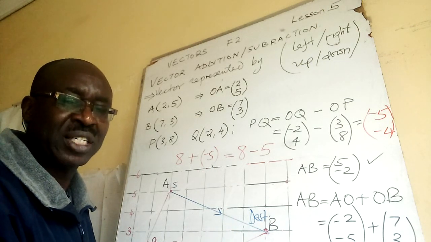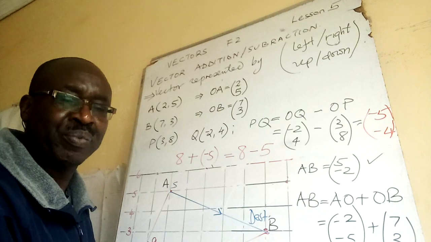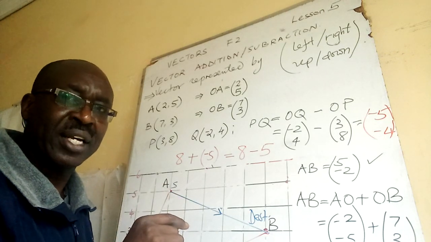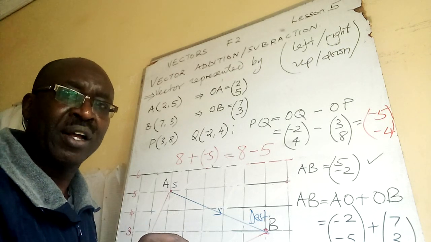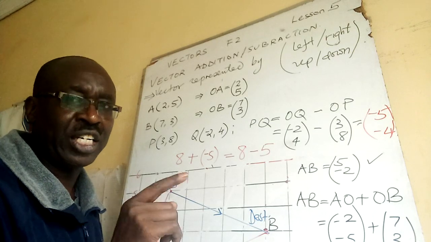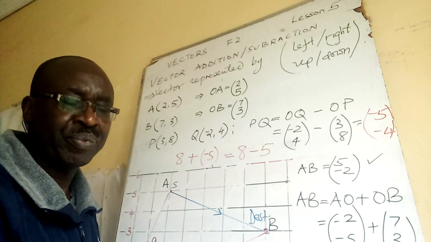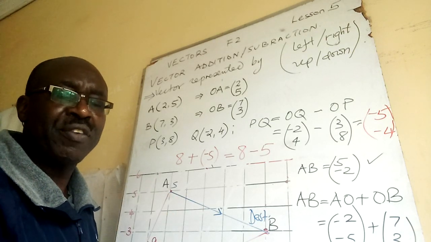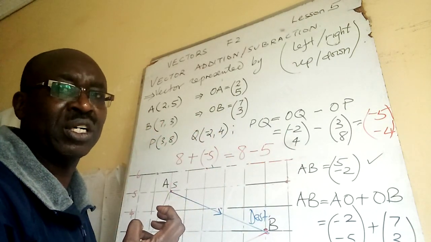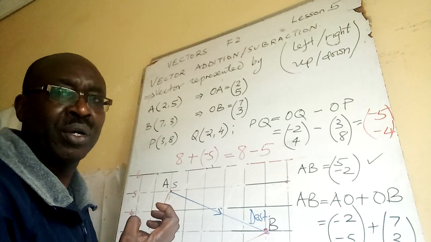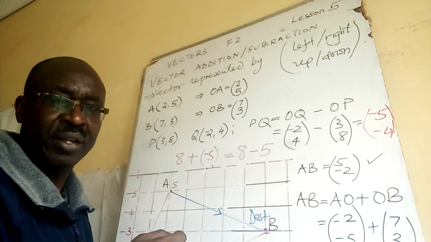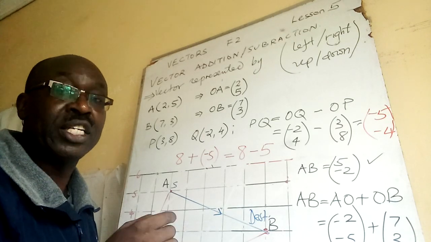Okay? So I'm asked to get AB. Then I should know those points were given with respect to origin in Cartesian plane. And therefore, if I incorporate movement, which is vector, you can say from O to A is small a, from O to B is small b.